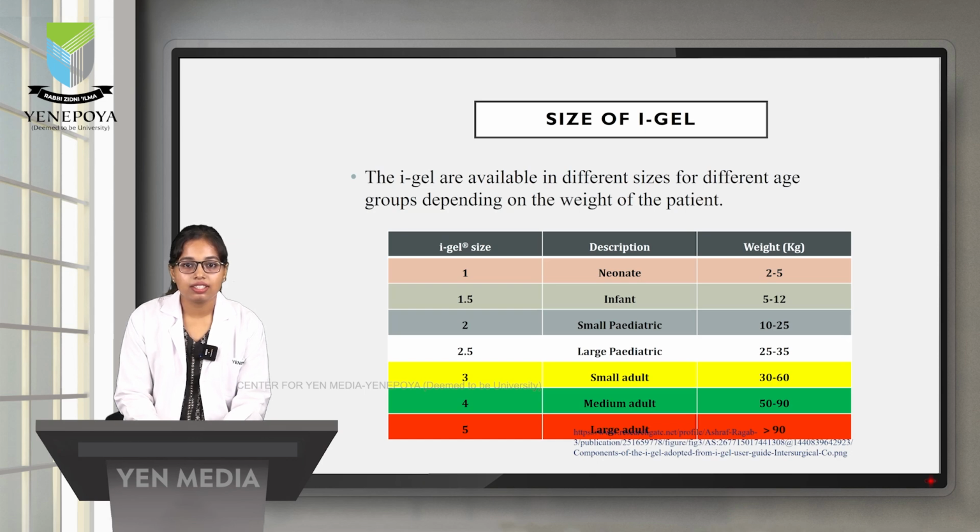And i-gel size 3 can be used for small adults weighing 30 to 60 kgs, and i-gel size 4 can be used for medium adults weighing 60 to 90 kgs, and i-gel size 5 is used for large adults weighing above 90 kgs.